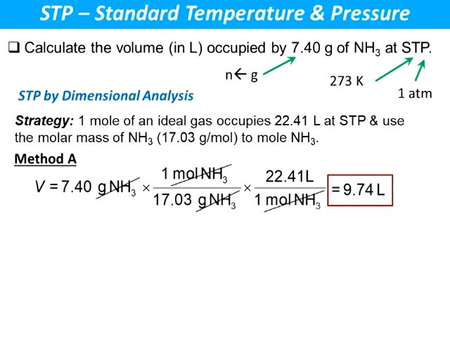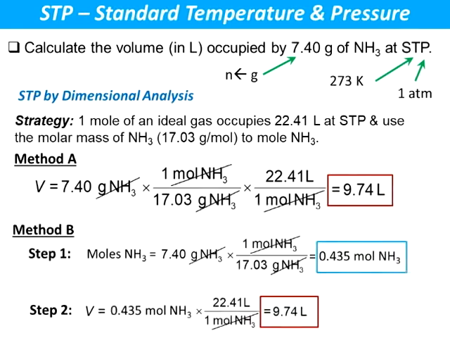We carry this through a standard unit analysis with grams of ammonia on the bottom and 1 mole of ammonia on the top. And we then convert it using standard volumes of 1 mole, which is 22.41 liters, and we obtain 9.74 liters. So there we have it.